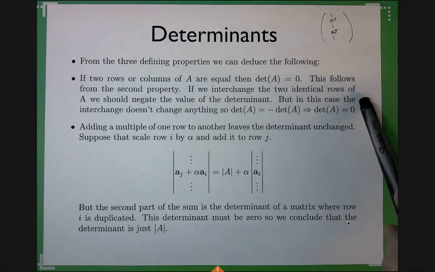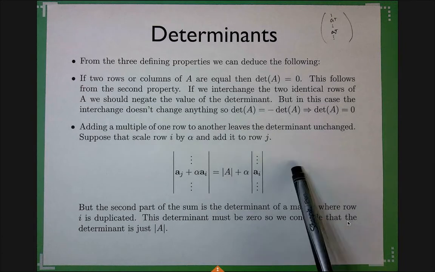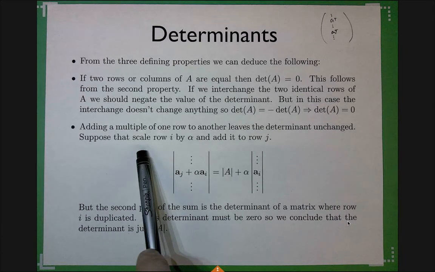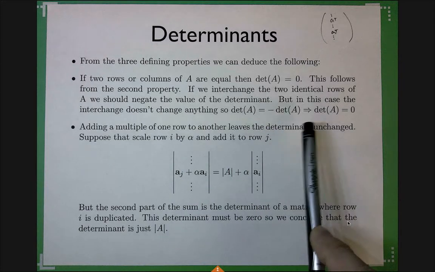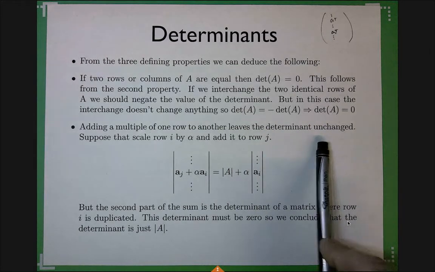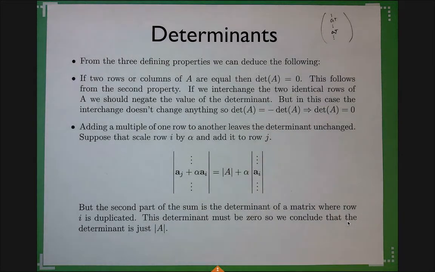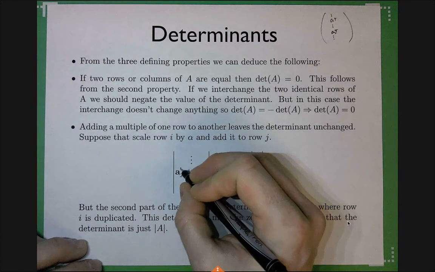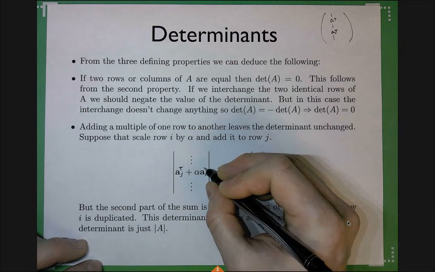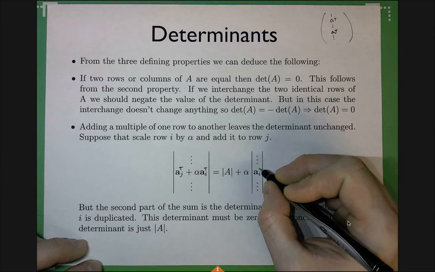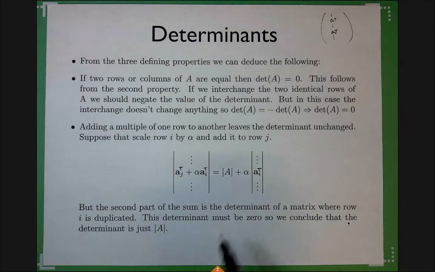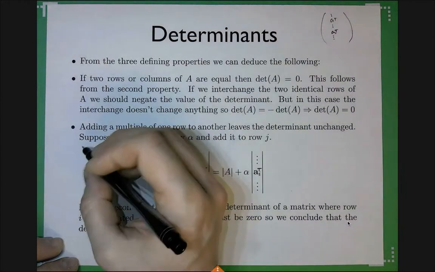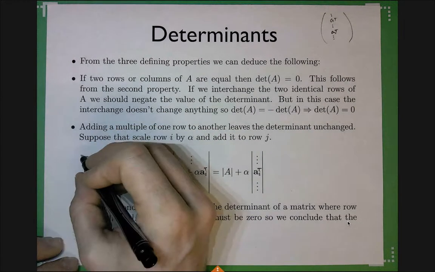So from this, we can then subsequently derive that if we add a multiple of one row to another, then the determinant doesn't change. So I think here we are actually missing transposes. Sorry about that. Let me add them here. Those are supposed to be row vectors. And I started from a matrix that looked like this, that had some rows here.